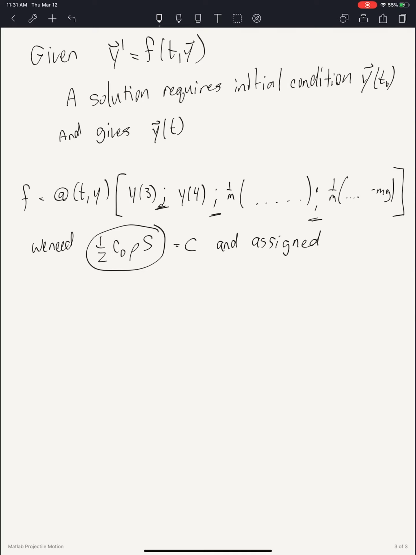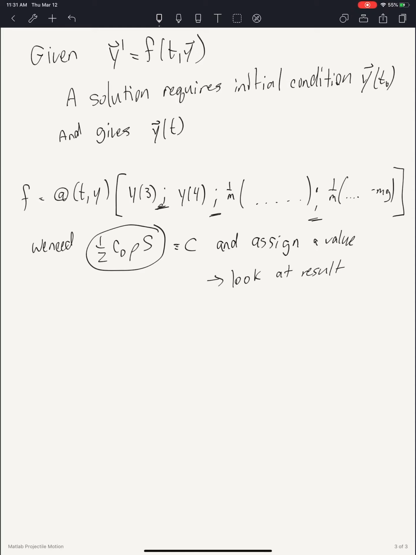If C is very small, then you'll have just normal projectile motion, a parabolic path. And as C gets bigger, you will see things change. Anyway, we need that. So this is equal to C, and I'm going to assign a value and then look at the motion. I'm going to change the value of C in my code and look at different results.